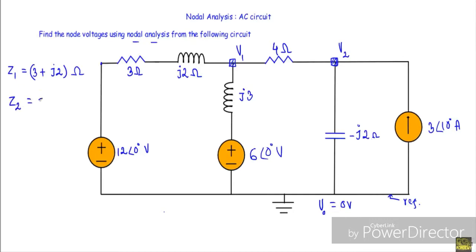Z2 will be equal to j3 ohms. Now between node 1 and node 2 I have this resistance. Let's say that branch impedance is Z3. Z3 will be equal to 4 ohms. Now between node 2 and ground we have this capacitive reactance. Let's say that branch impedance is Z4. Here Z4 will be equal to minus j2.